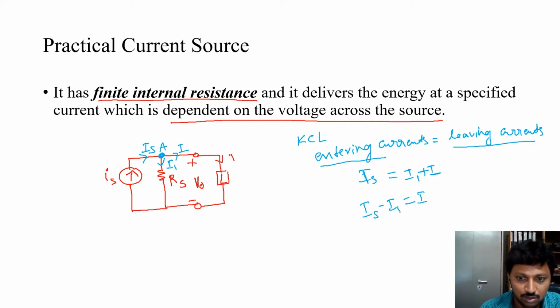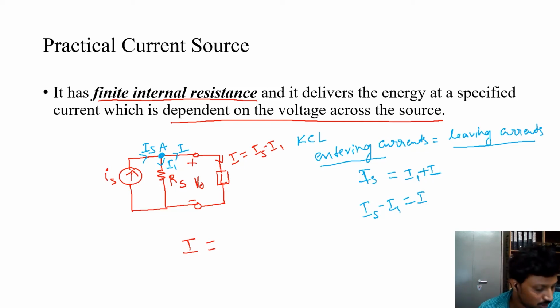I is equal to Is minus I1. This much current is flowing through this load, right? So the equation is Is minus I1.